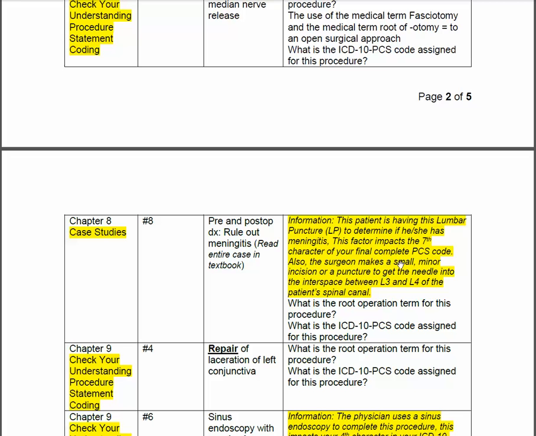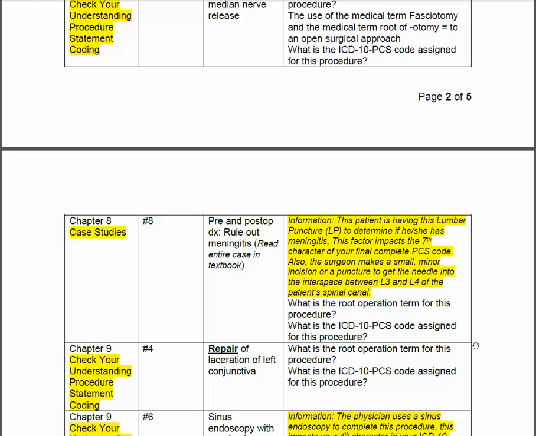In a lumbar puncture, the physician makes a small incision or a puncture with a needle into the space between the L3 and L4 of the patient's spinal canal to get out spinal fluid. And it states for you in the clinical documentation that a significant sample was obtained of clear CSF, which is cerebral spinal fluid, sent to lab for evaluation.